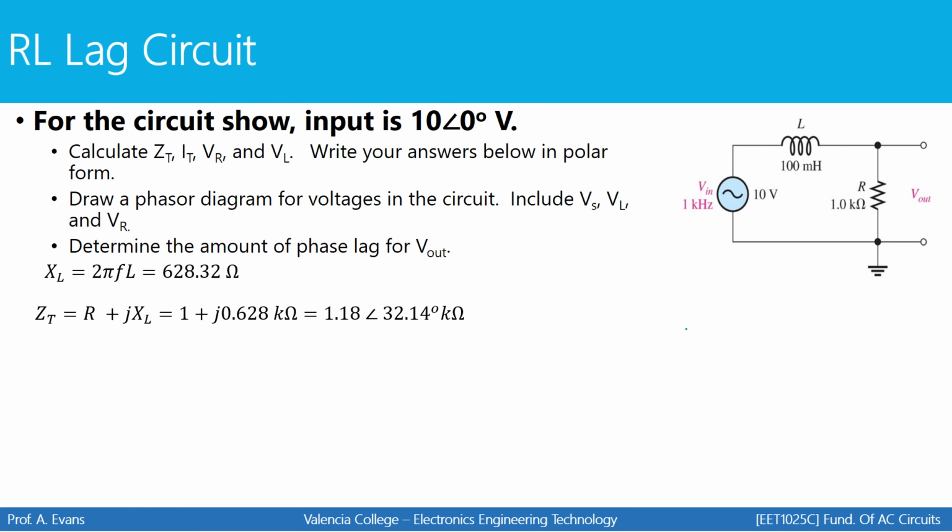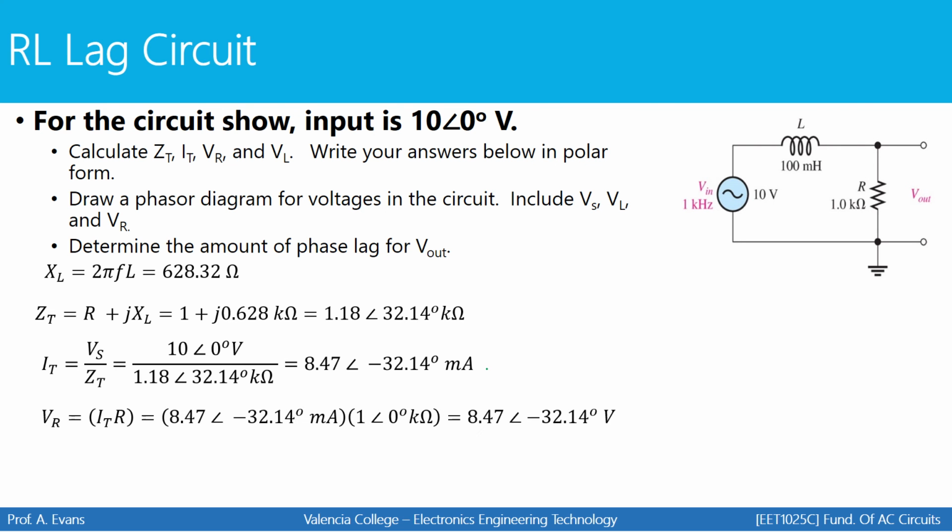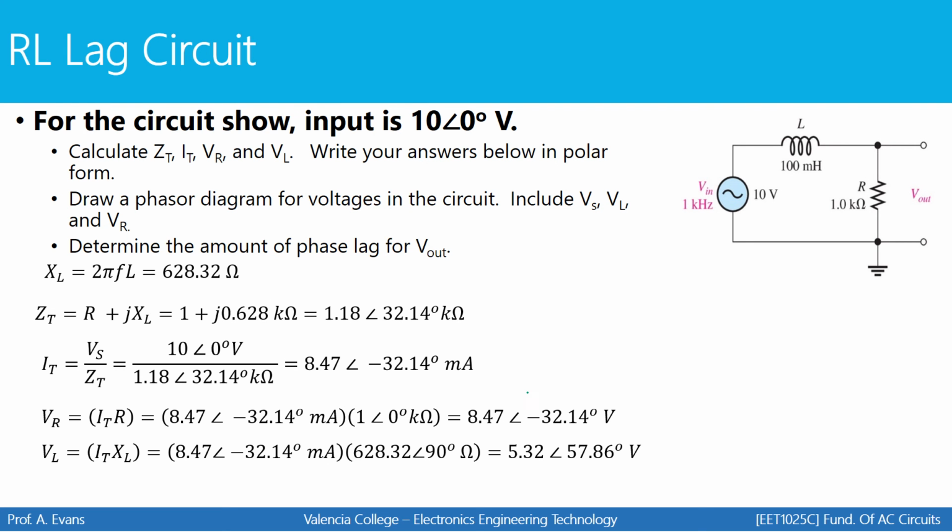Then we can calculate the total current. 10 at an angle of 0 degrees divided by 1.18 at an angle of 32.14 degrees gives you your total current in the circuit. Then we're going to use Ohm's law to find the voltages across R and L, just like we did in the previous problem. And these are the voltages you'll get.